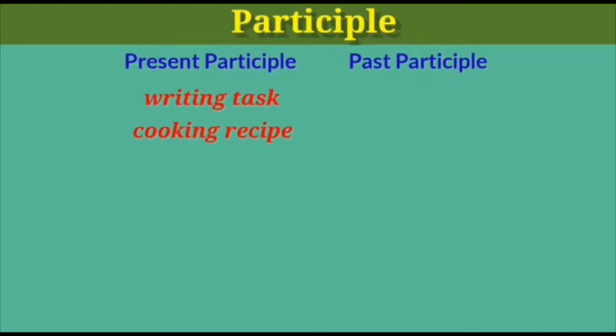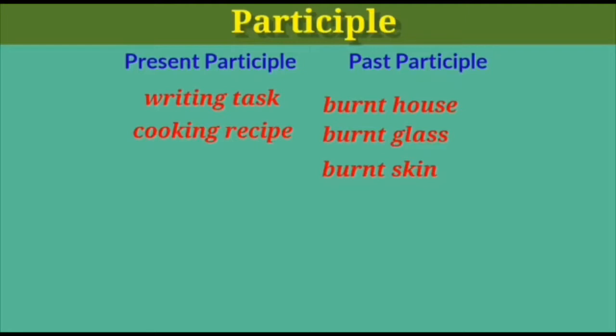Now let's take an example for the past participle. Burnt. We can use any noun along with burnt, like burnt house, a burnt glass, burnt skin even. In all three examples, burnt has been used for nouns like house, glass and skin.